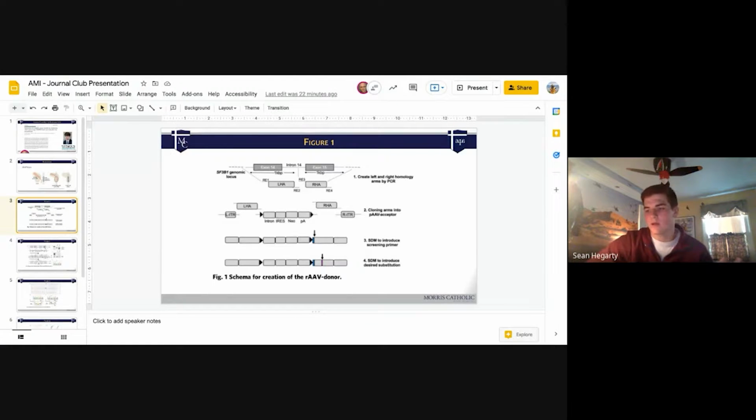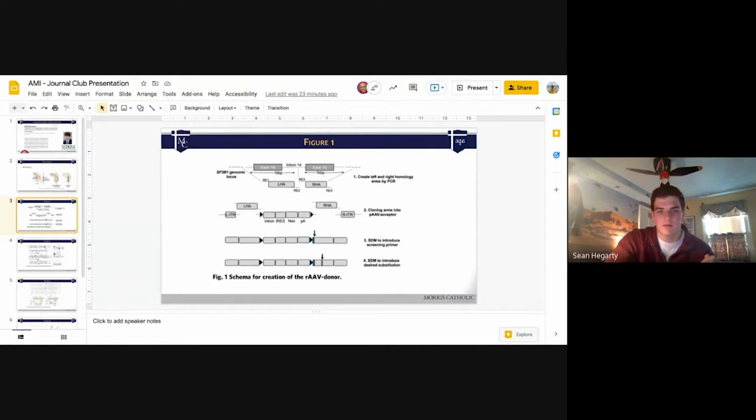It's called a recombinant AAV, or recombinant adeno-associated virus. And so it's just a certain strand of synthetic DNA that they created to be inserted into the cell and basically edit the genome where they had the toxic gene, if that makes sense.